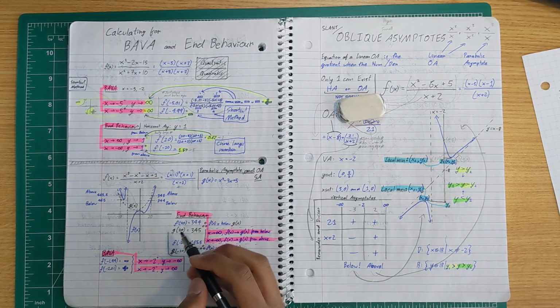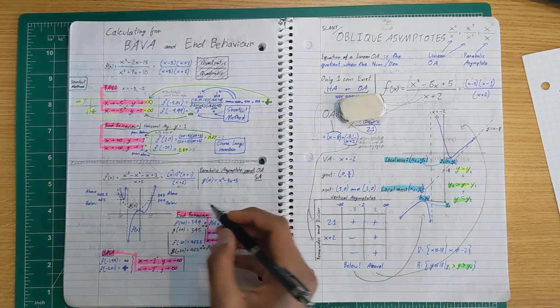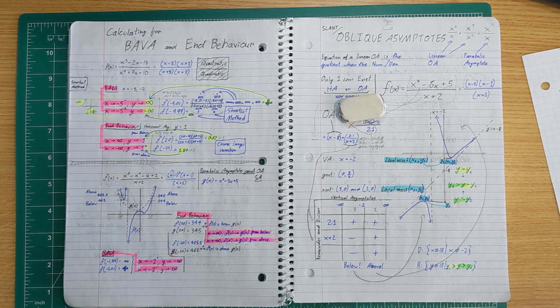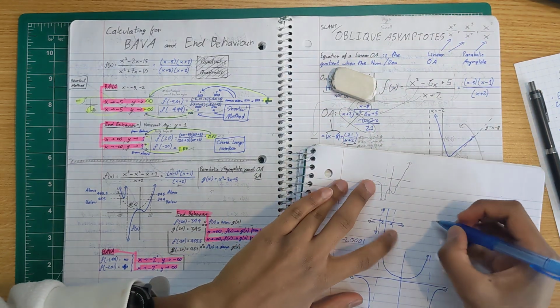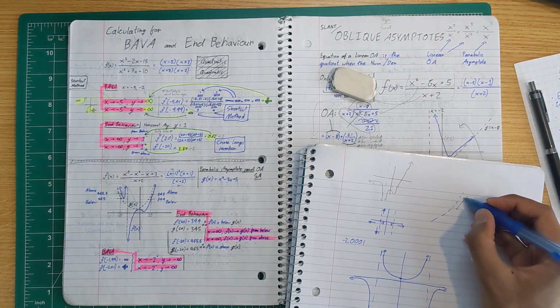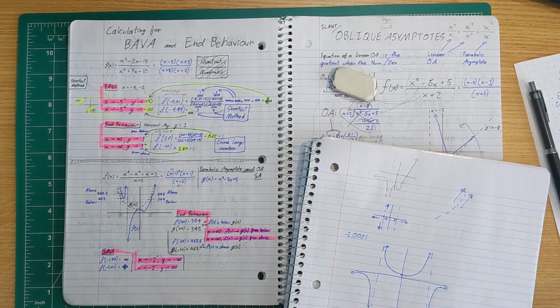So what you're trying to find is, if this is the asymptote, whether the function is over here or over here, right?